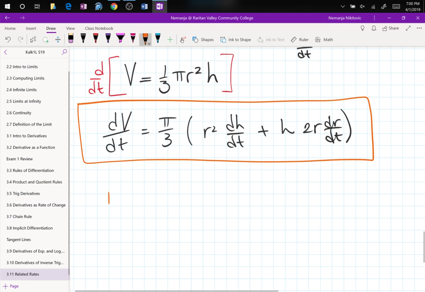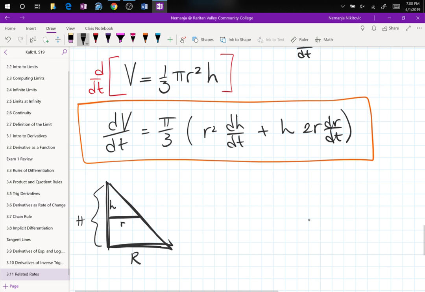If you have a smaller cone, and now this is just a half of the cone, like half of the cross-sectional layer section. So you have overall height H, and your lower height h, and your lower radius r, and your large R.